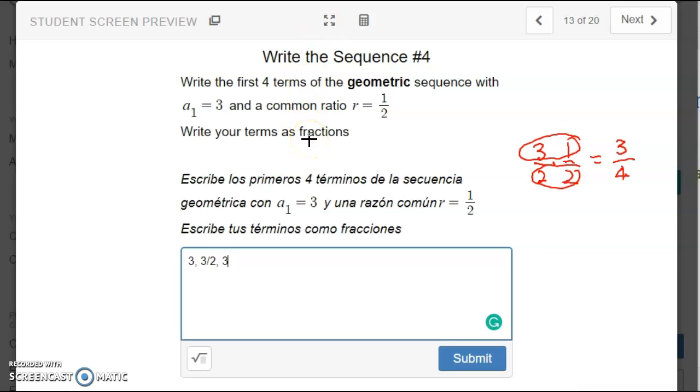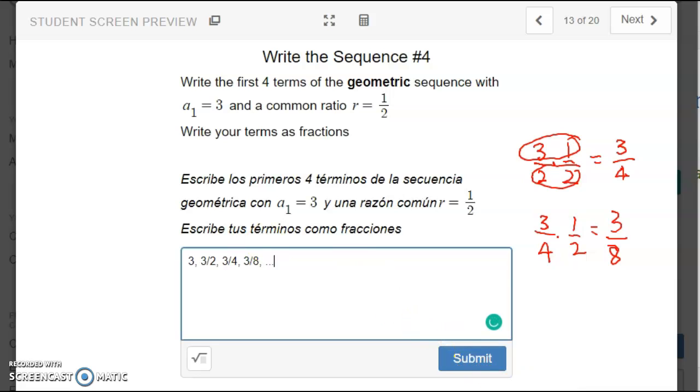So that's going to be 3 over 4, comma, and then to 3 over 4, I need to multiply another half, don't I? And again, 3 times 1 is 3, 4 times 2 is 8. So it's going to be 3 over 8. And the list continues.